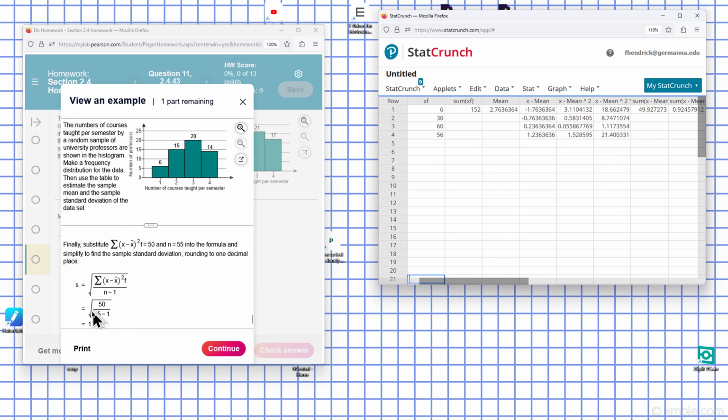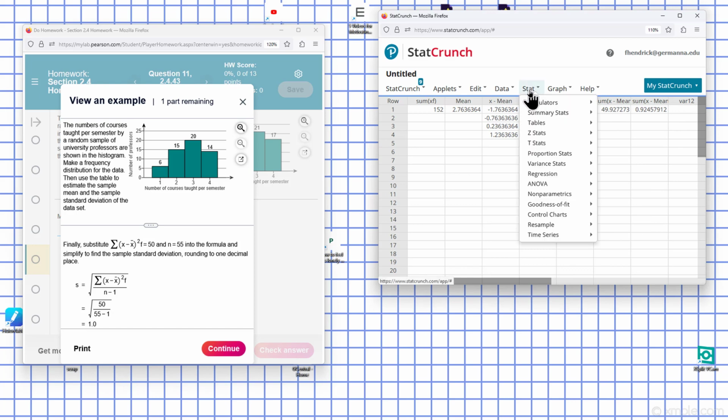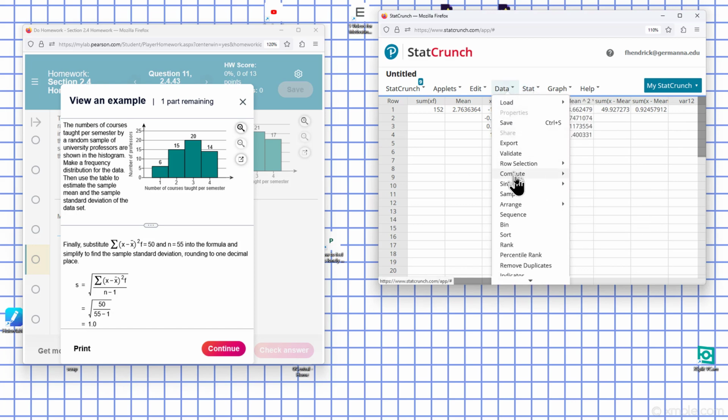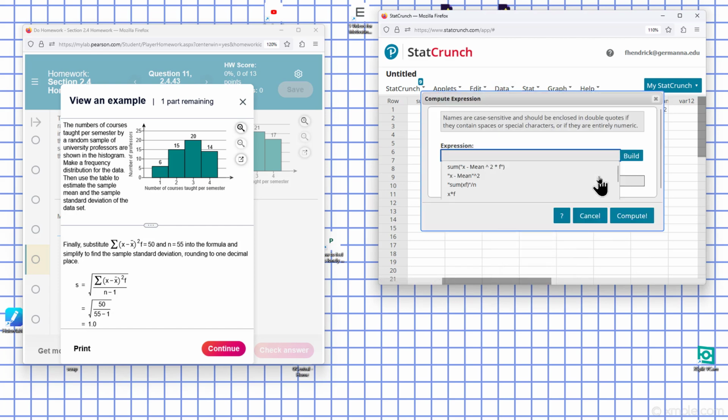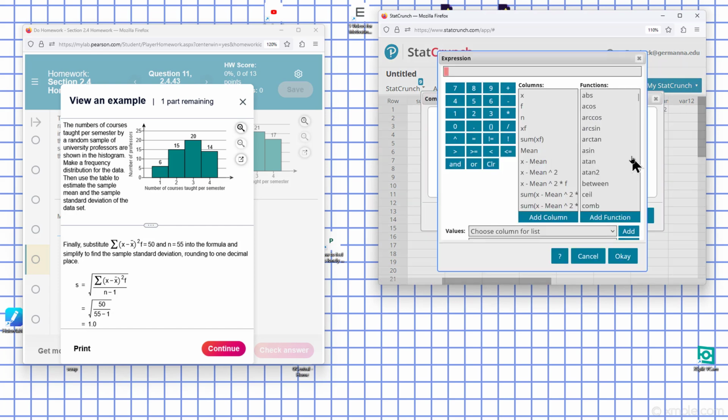And we take the square root of that result. So data, compute expression, build. You see that's the sum divided by 54, which is what I need to use.